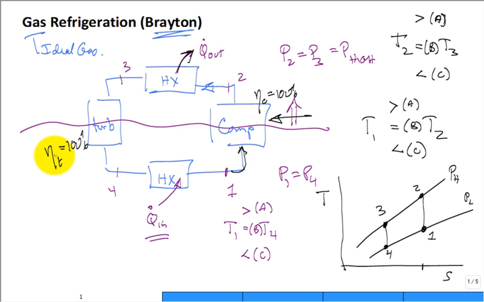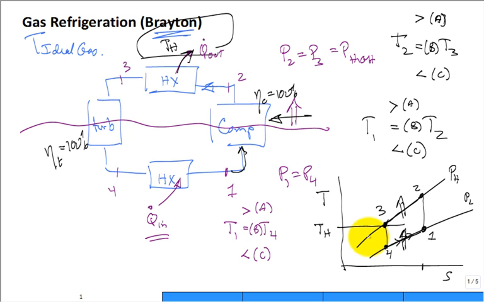When it's run this way, where do we have our heat addition? From 4 to 1. That's where the heat is coming into the fluid. Where do we have heat rejection? 2 down to 3. So the temperature of the high sink needs to be lower than T3.